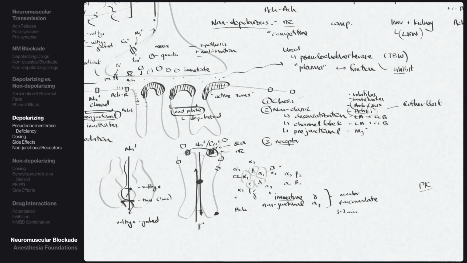And as far as these gamma ones, we notice that these potentially have low conductance compared to our mature receptors that are available after we're born.